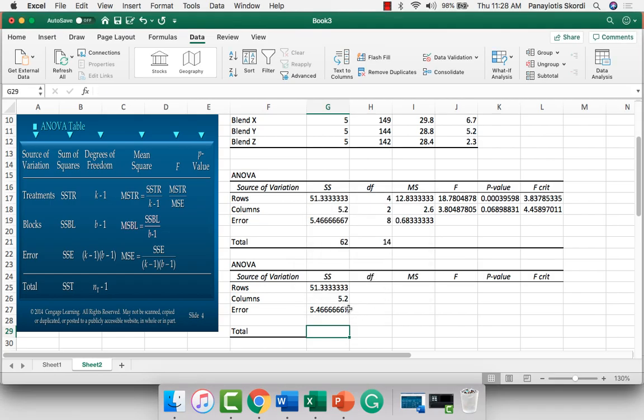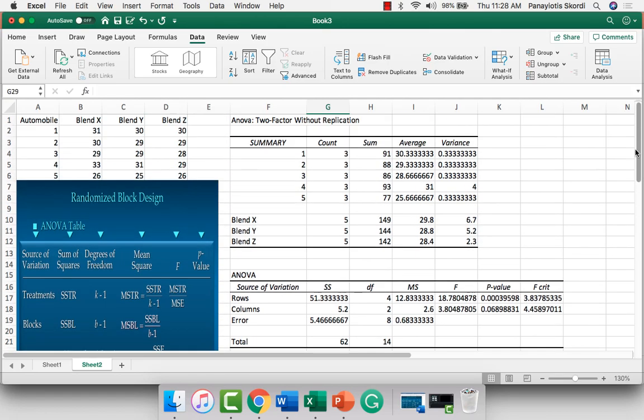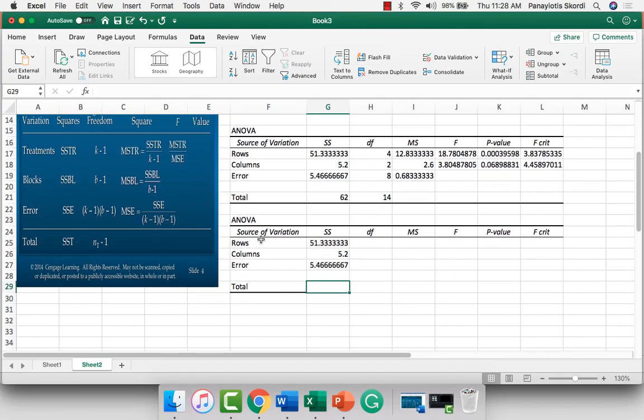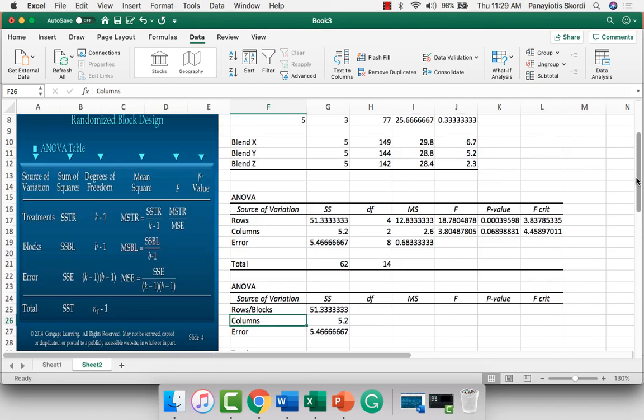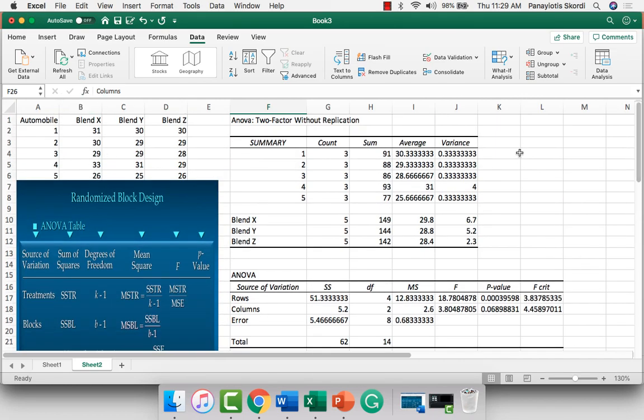So how do I fill this table in? One of the things I notice is that when we look at the PowerPoints, things aren't necessarily in the same order. So what are our rows? Our rows had the 5 different blocks. So the rows are in fact the blocks. And what do we have in the columns? We had the 3 different blends, so the 3 different treatments.